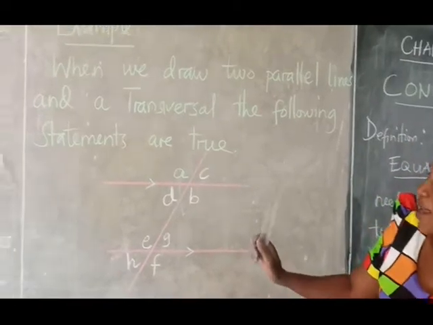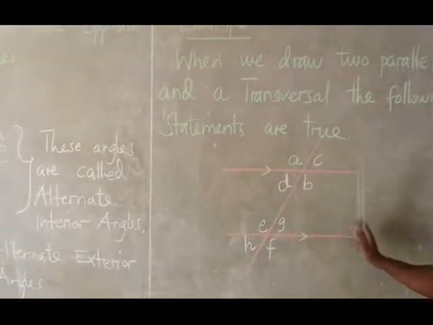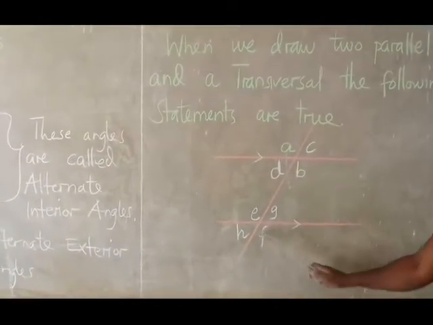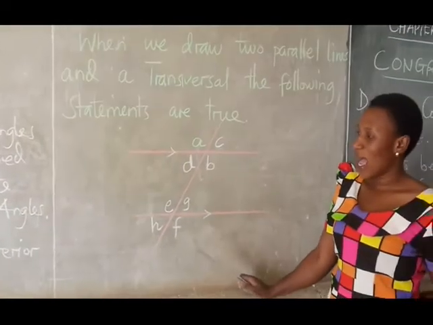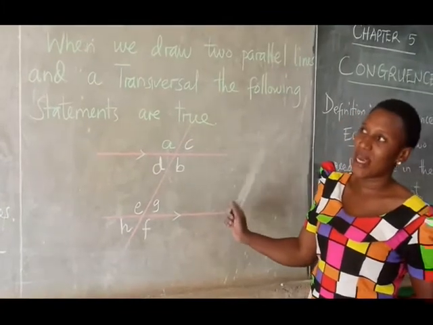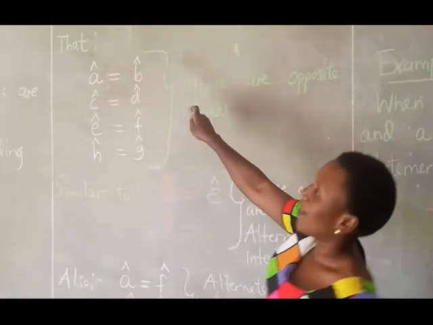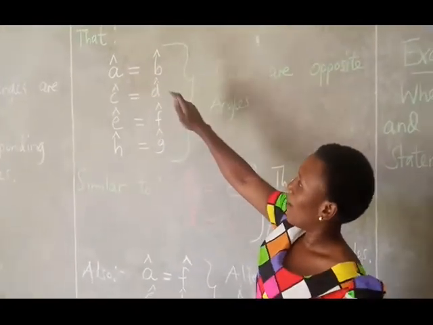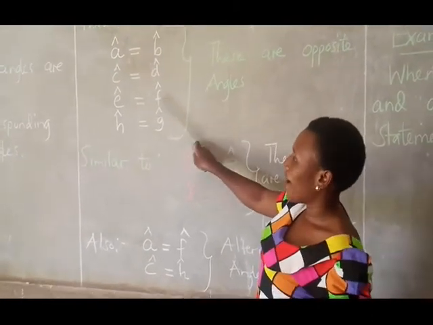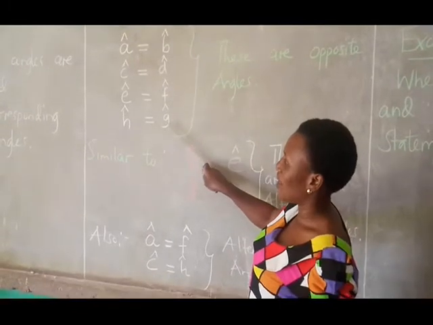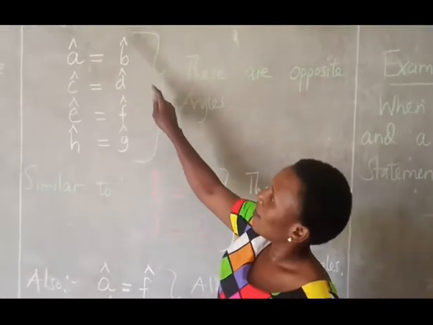For example, we have angle A and angle B, angle D and angle C, angle E and angle F, angle H and angle G. These are called opposite angles, and opposite angles are always equal. Here, angle A is equal to angle B, angle C is equal to angle D, angle E is equal to angle F, angle H is equal to angle G. This mark here is the symbol of angle.